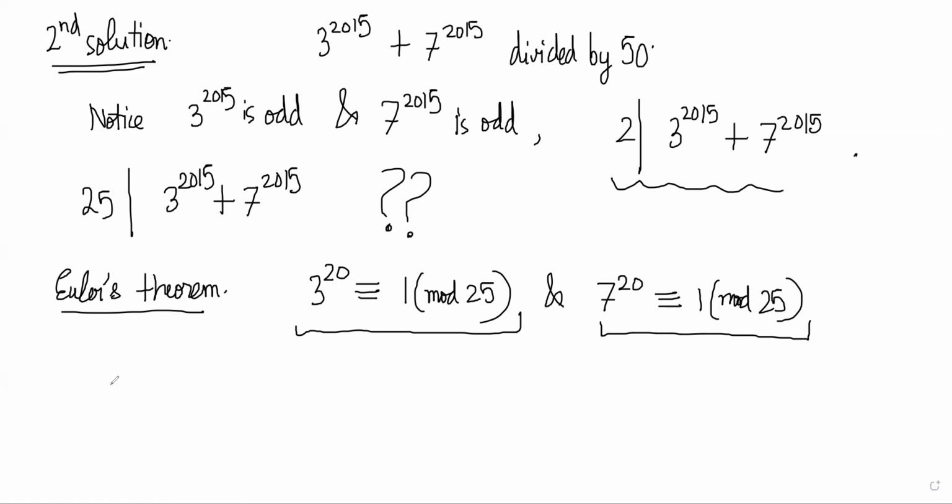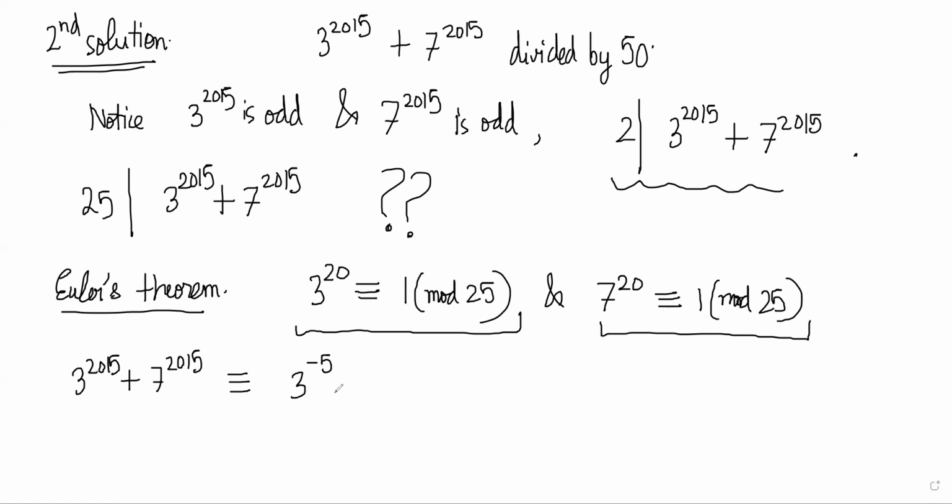Using this fact, we can say that 3 power 2015 plus 7 power 2015 will be congruent to 3 power minus 5 plus 7 power minus 5, because this is 2020 minus 5 and 2020 would be 1 mod 25.